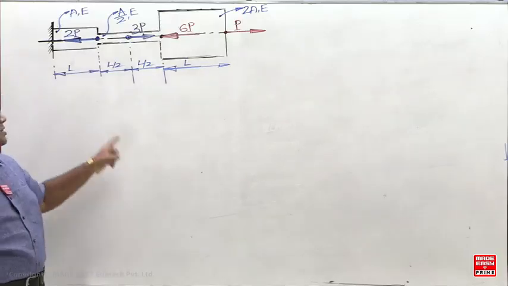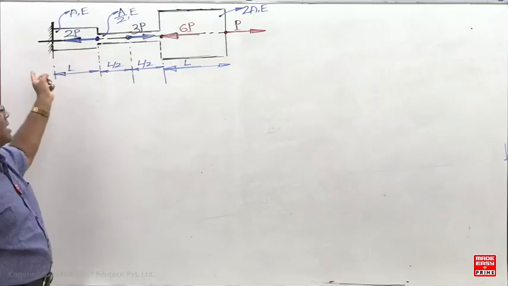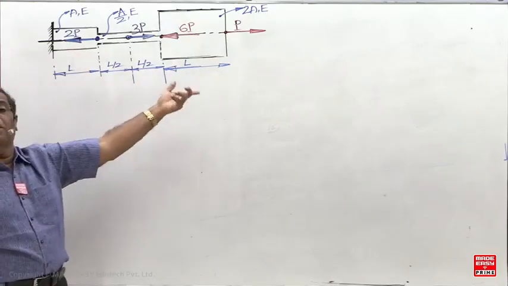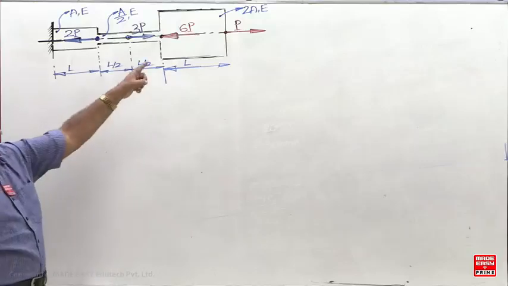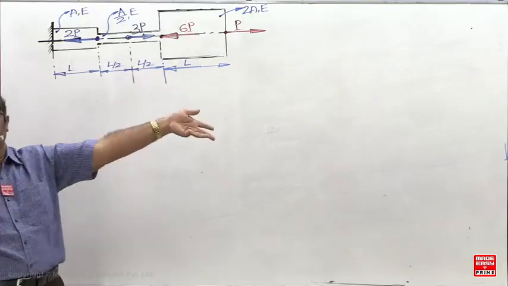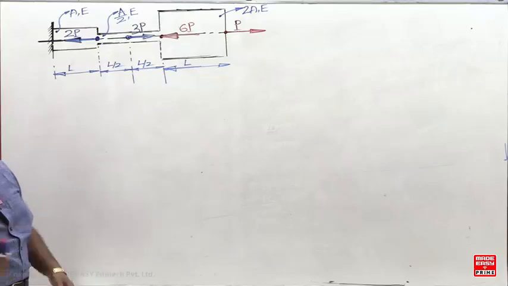Since there is no transverse point load, the vertical reaction is 0. And to get a moment reaction, at least one transverse point load or one couple moment is required. Since there is none, both vertical and moment reactions are 0.